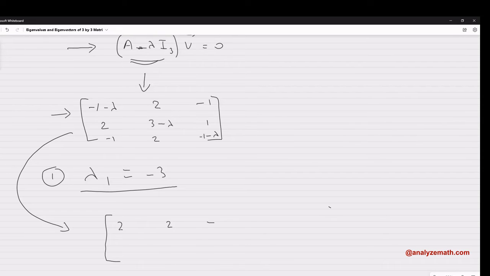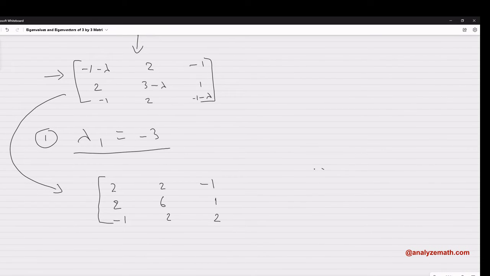And then the second row, 3 minus 3... 6, and then 1. The last row is negative 1, 2, and 2 here, minus 1 plus 3. Good. So this is the matrix.